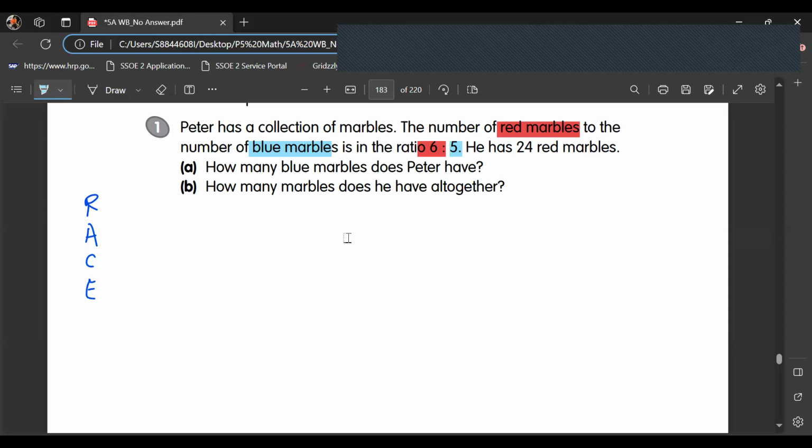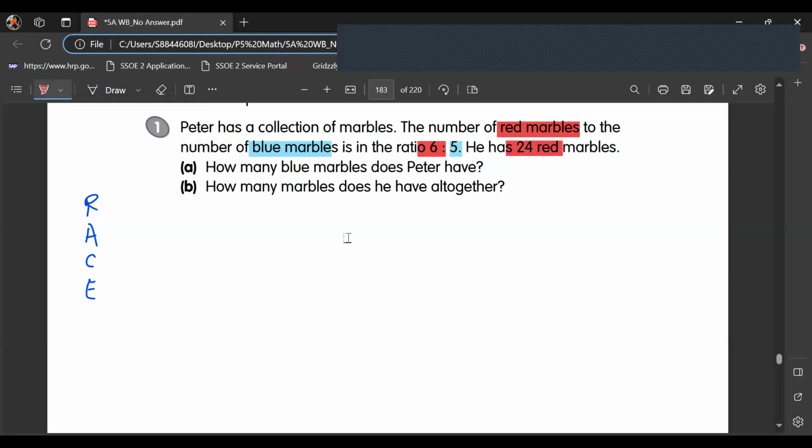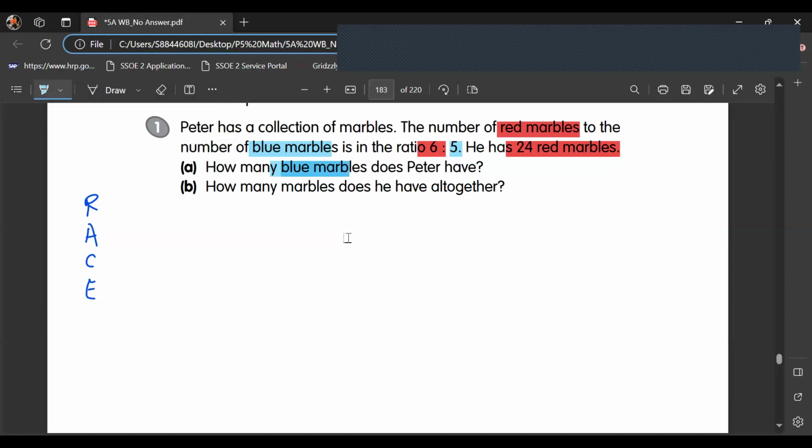And then 24 red marbles, so I use red. Question asked for number 1, blue. And the second part asked for all together.